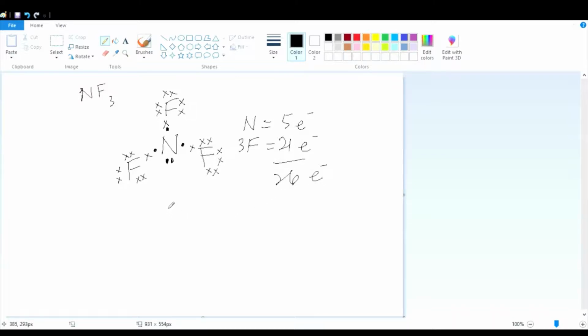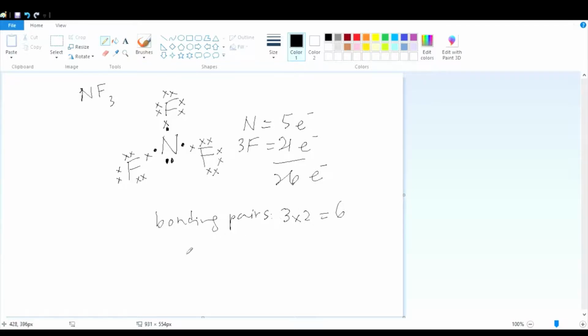Okay. When it becomes a compound, we are going to calculate the bonding pairs of electrons. How many are there? 1, 2, 3. So there are 3 bonding pairs times 2. 3 times 2 is 6.